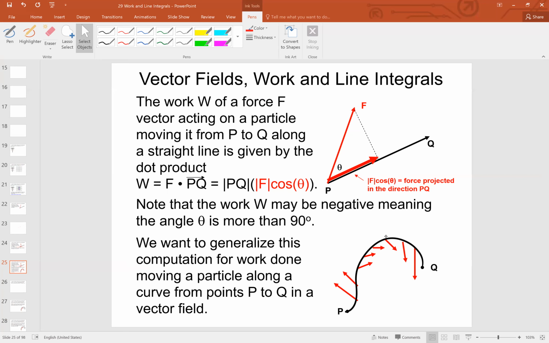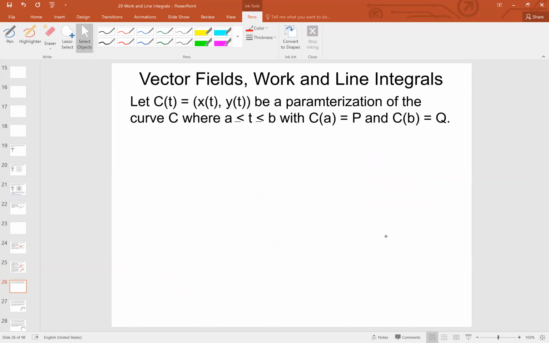To do actual calculations, we need to bring all the algebra back to the parameterization, that is, how this curve is described, usually in terms of a parameter t.